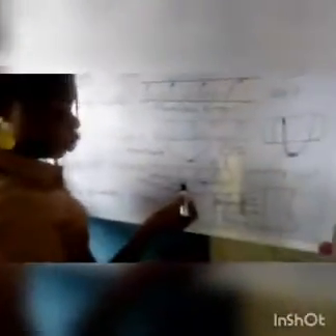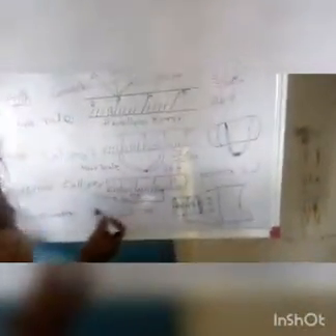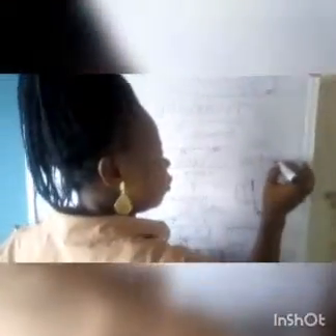Here to here is main scale. This is 20. Alright, I'm measuring in millimeter. This is 20 millimeter. Then this one is 0.1, 0.1, 0.2, 0.3, 0.4, 0.5, 0.6. So my reading here is 20 plus what? 0.6. Are you getting it?